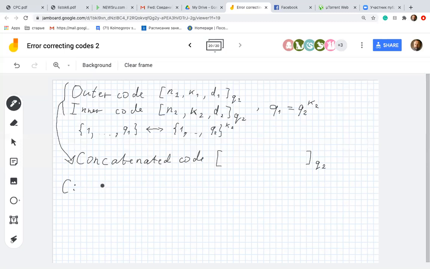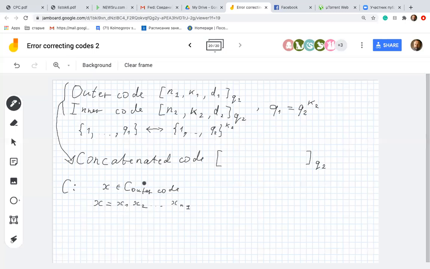Assume that some x is a code word of the outer code. Call its letters x1, x2, and so on, up to xn1.